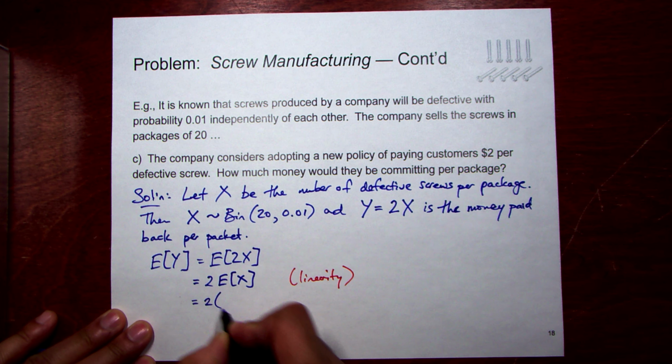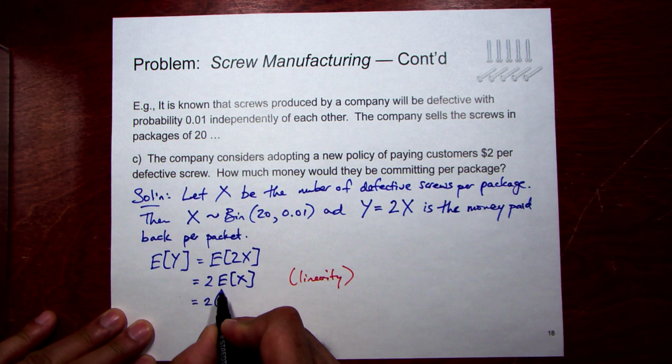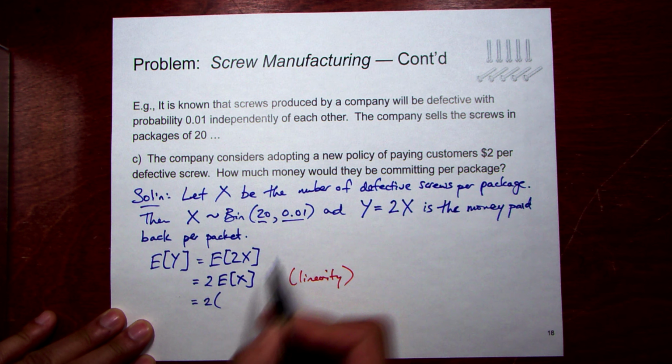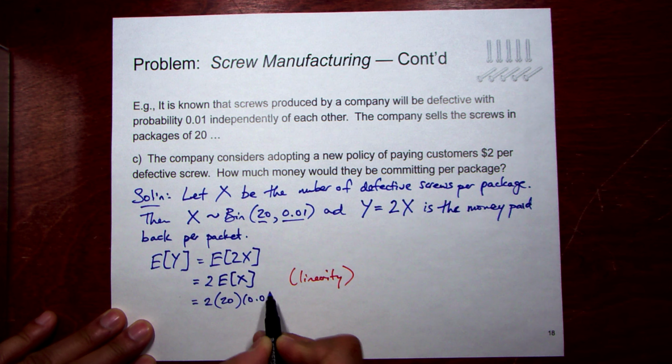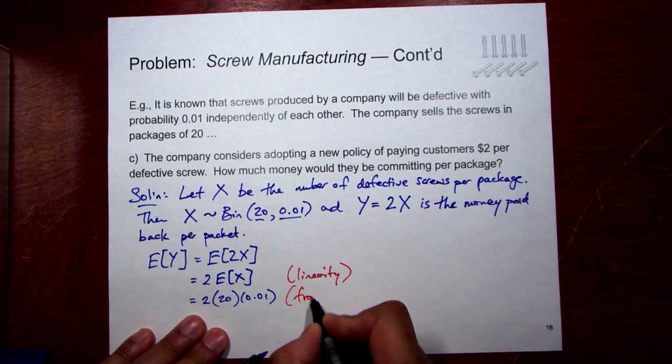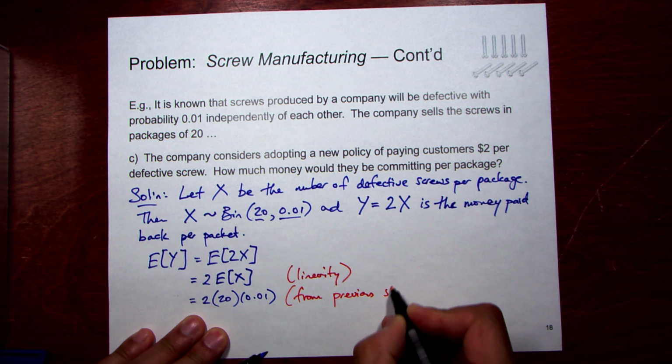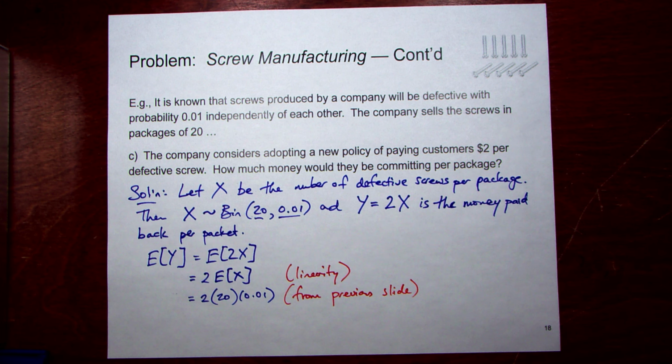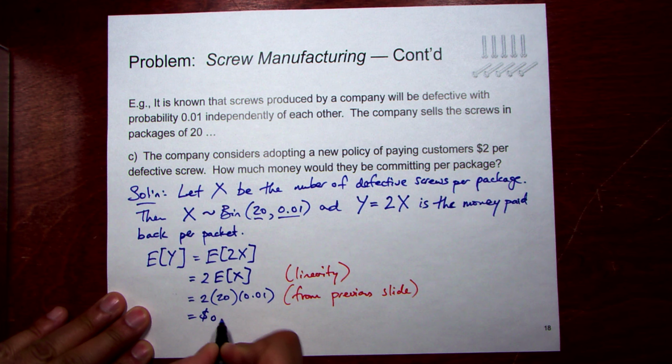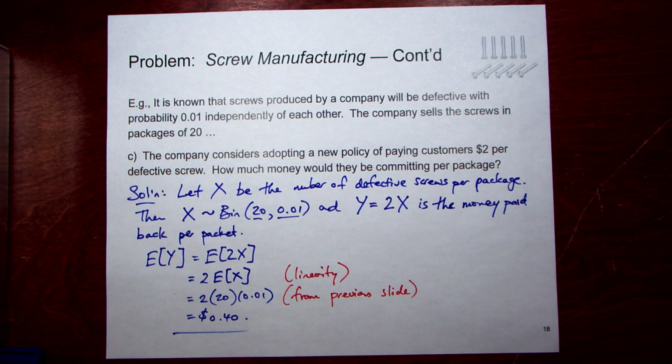Okay, so we're going to use the result of the previous slide. Expected value of X is n times p, n is 20, p is 0.01, so 20 times 0.01. And that gives us 40 cents. All right, how does it feel? Pretty good? Okay, questions?